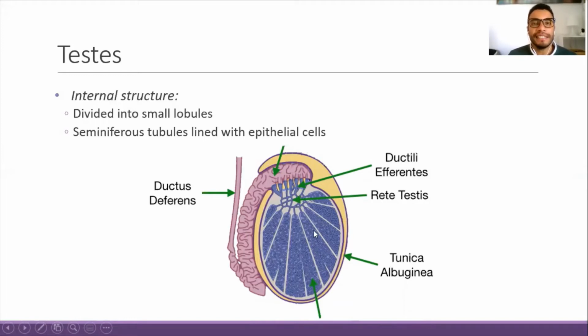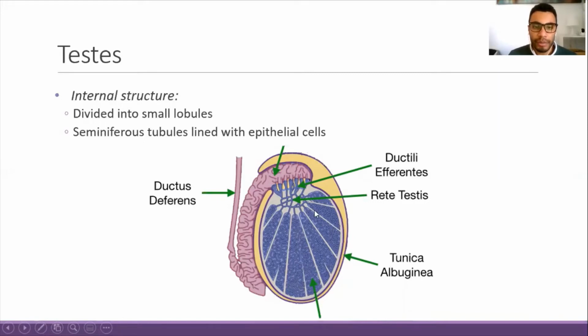Inside these lobules, we can see seminiferous tubules lined with epithelial cells. The seminiferous tubules are those tubules here. Inside each lobule, we can have from 1 to 3 seminiferous tubules.